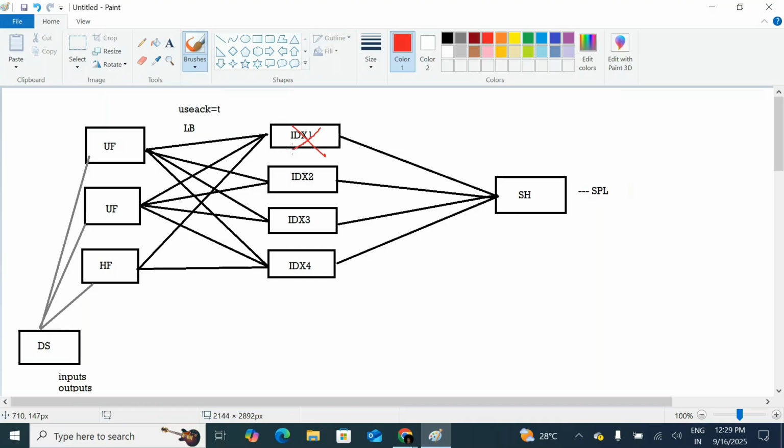The first 1 hour of data was received by indexer 1, and it is not available in another indexer. You got my point? So in that case, the data is individual. Whatever data is in indexer 1 is in indexer 1 only, and whatever data is in indexer 2 is in indexer 2 only. Likewise, if indexer 1 fails, no data is available from that indexer. You got my point? Yes or no?